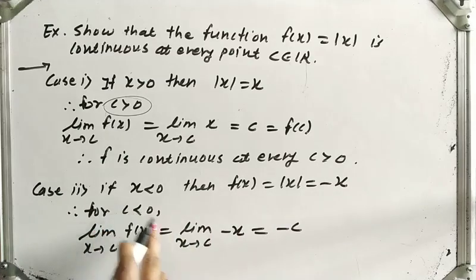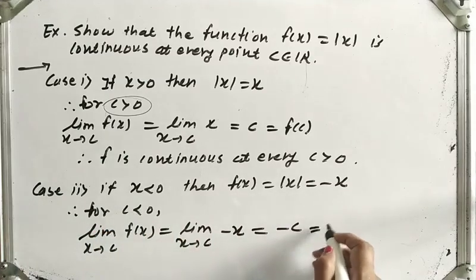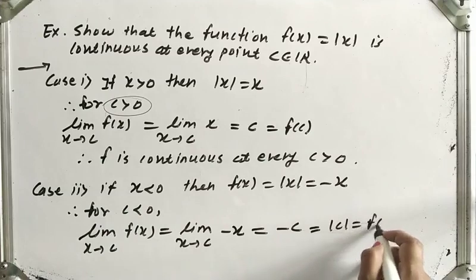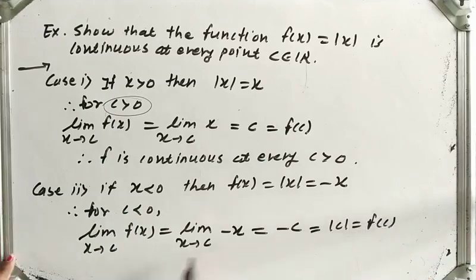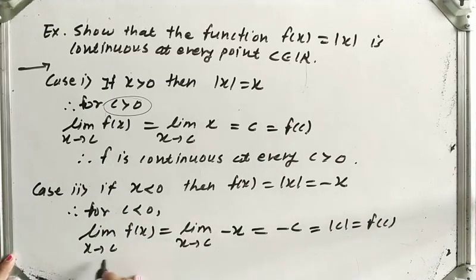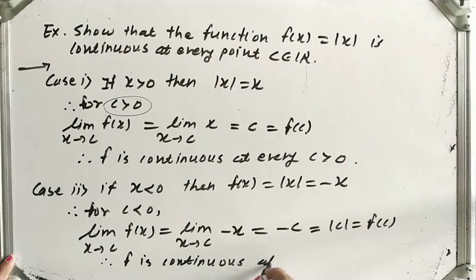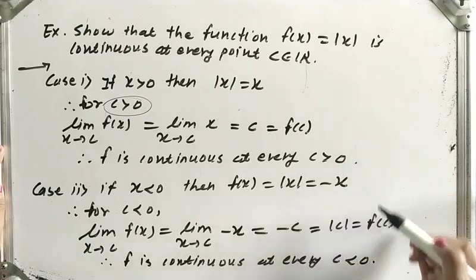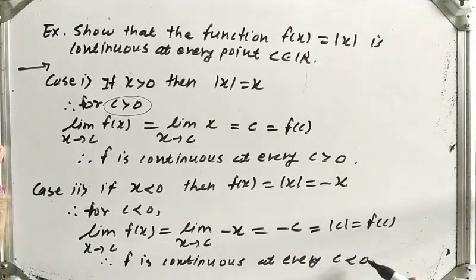Okay, so definitely minus c is same as mod of c, that is equal to f of c. Means limit f x as x tends to c is equal to f of c. Okay, that is the definition of continuity of function at point c. Therefore here also we can write, therefore f is continuous at every c less than 0. If c is greater than 0, f is continuous. If c less than 0, f is continuous at every c.